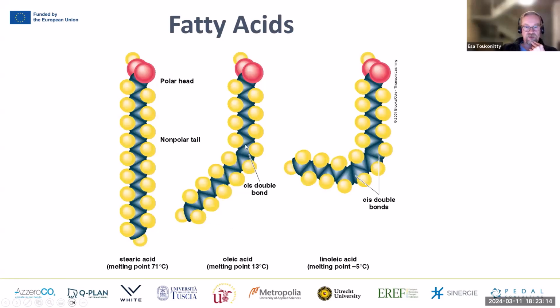When you form one double bond, in that double bond part it tends to twist like this. If you have more of them, you'll see that it becomes even less linear. And this is making it also melt at lower temperatures because it doesn't pack so well compared to this one.